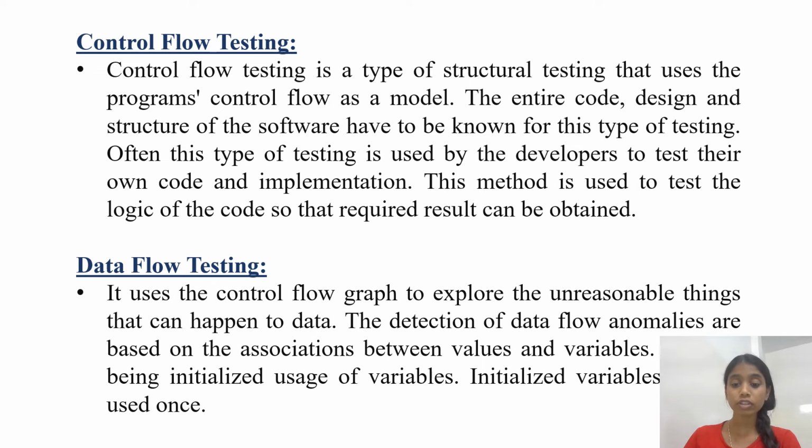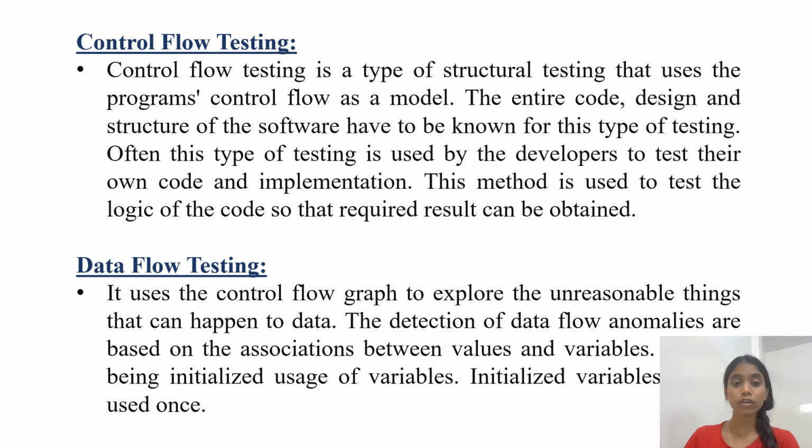The detection of the data flow anomalies is based on the association between the values and the variables. The anomalies which occur in the data are mainly because of the association between the data variables and the values, and the initialization and usage of the variables.